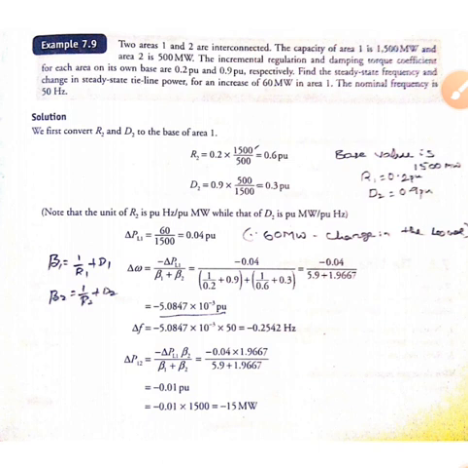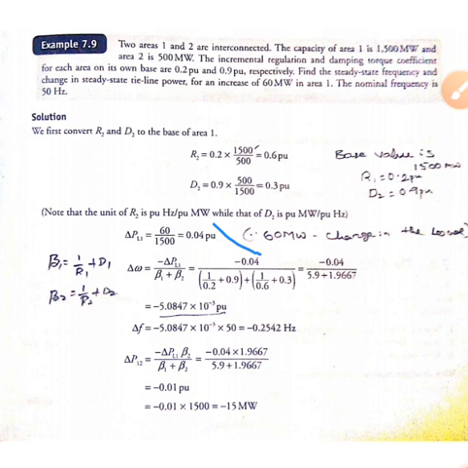Otherwise, you can directly use this formula: delta PL1 is 0.04 divided by beta 1, which is 1 by R1 plus D1, where R1 is 0.2 and D1 is 0.9.